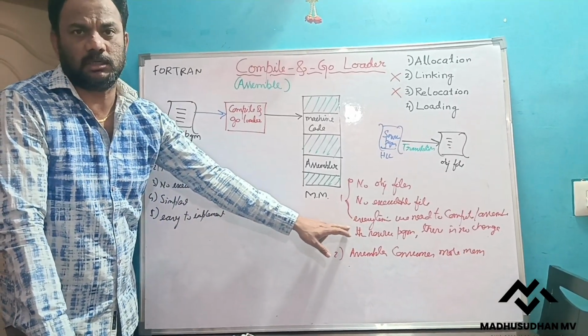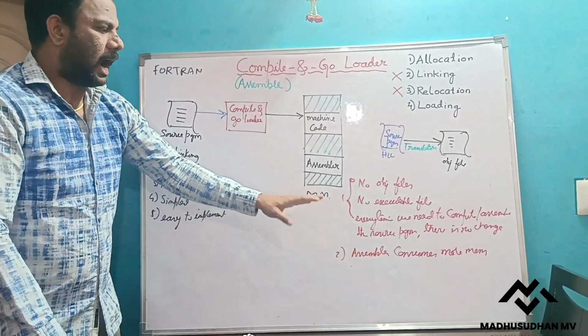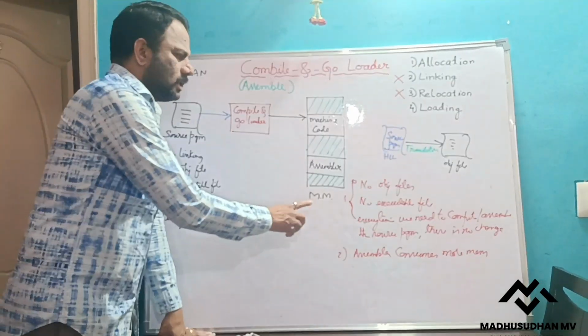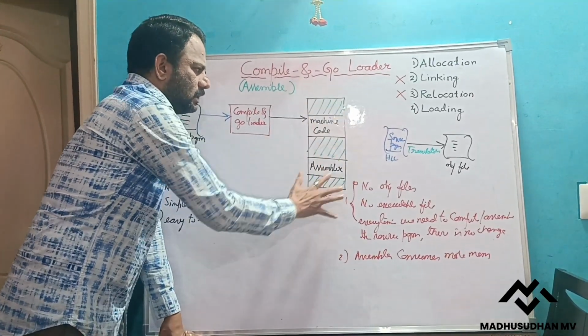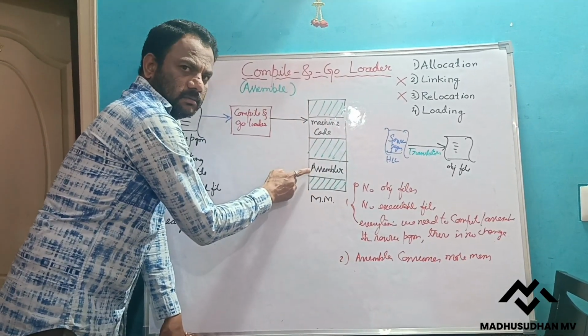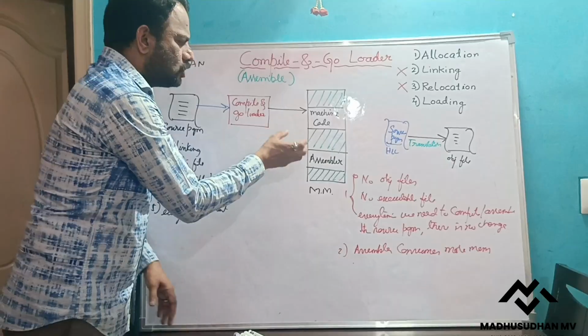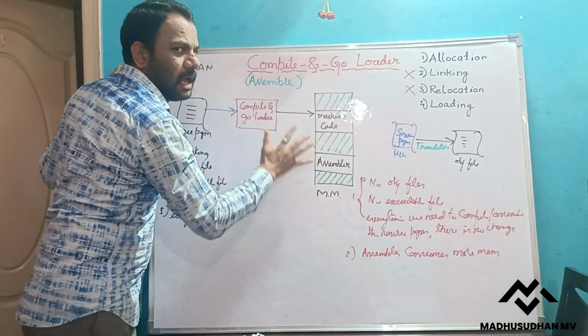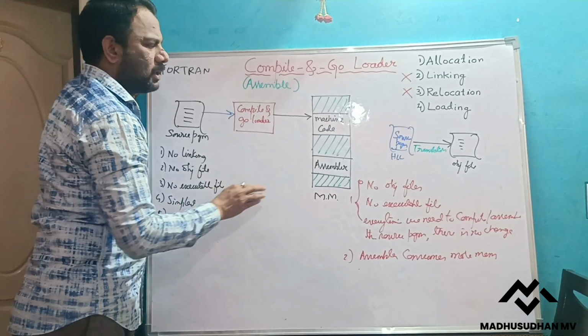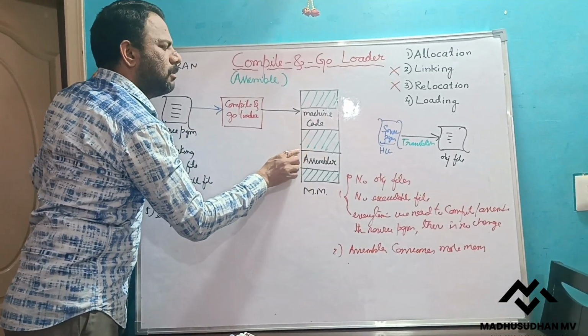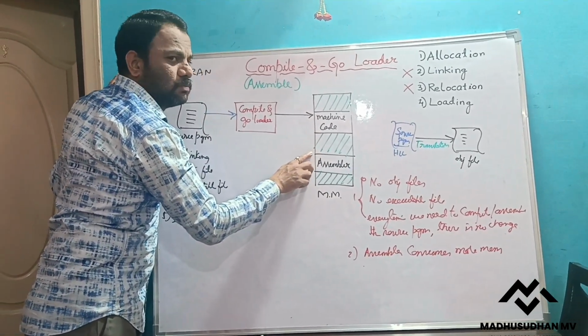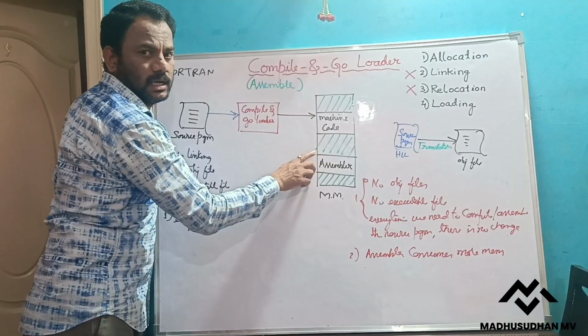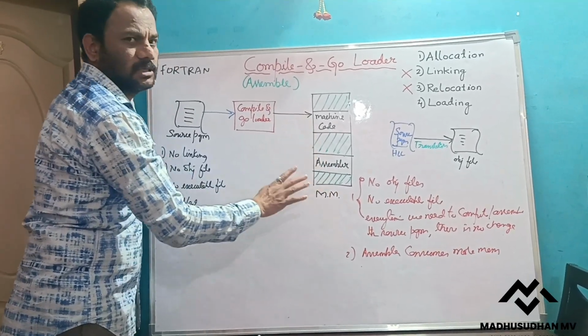That is the major disadvantage. One more disadvantage: if you see in the diagram, the assembler remains in the main memory as long as our operating system is running. It is always in the main memory, which means it consumes more space in the main memory. That is another major disadvantage.